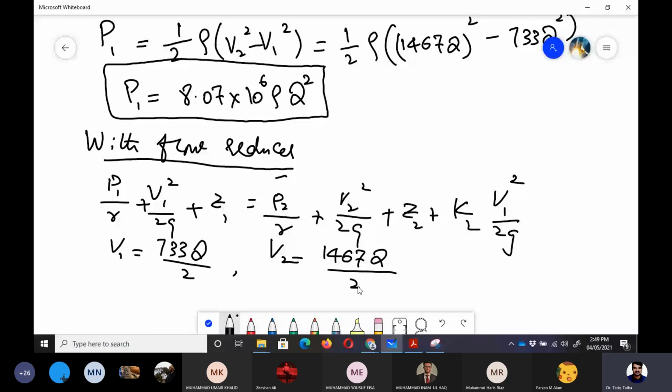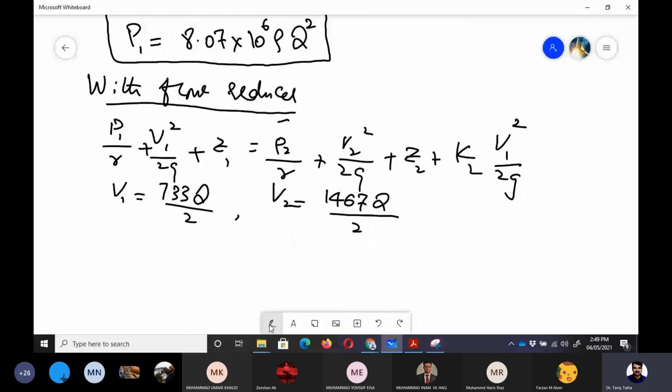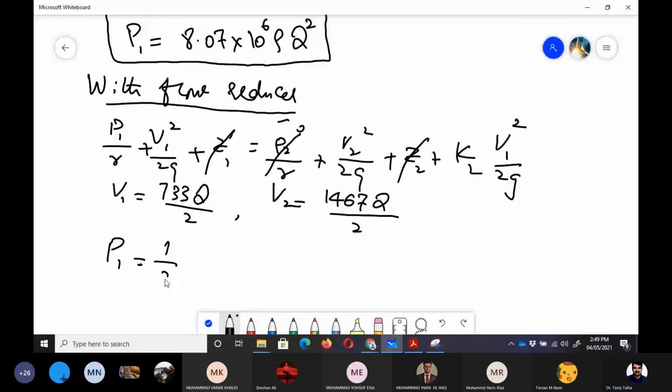So if we put it in the above equation and multiply the whole equation with gamma, which is rho g, and we know that Z1 is Z2, so that would be cancelled, and P2 is 0. So P1 would be equal to half rho (V2 square minus V1 square).